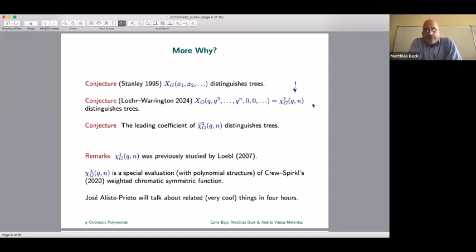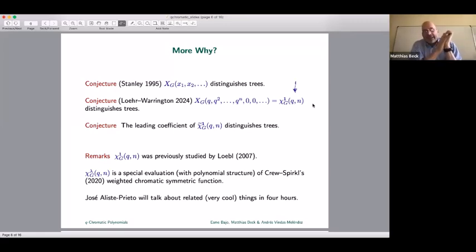They have a weighted version of the chromatic symmetric function, which I'm sure many people in this room are familiar with. And those people will not be surprised when I tell you that our construction is a special evaluation of this weighted chromatic symmetric function.